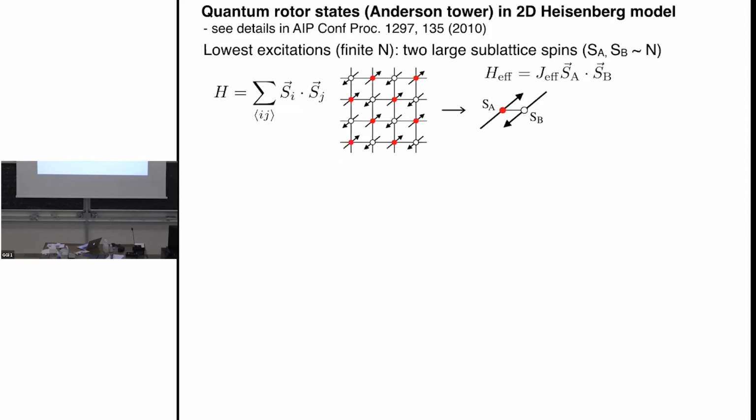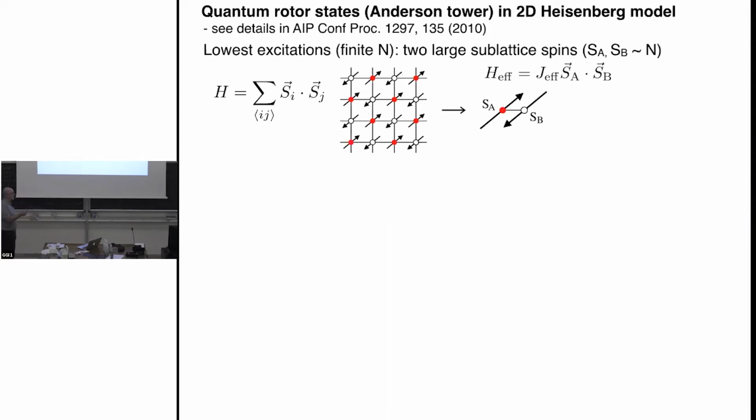Let's take a bipartite lattice where red and white correspond to the A and B sublattices. If you have order there, it's like you have two big vectors, spins of order N, and they are coupled to each other in some way because the two sublattices have the spins pointing in different directions.